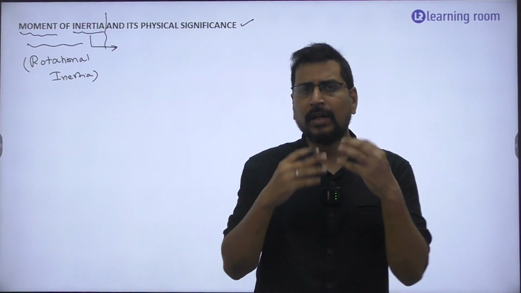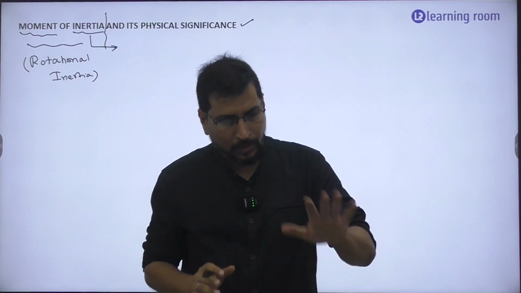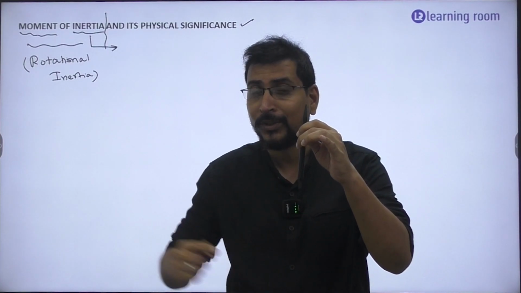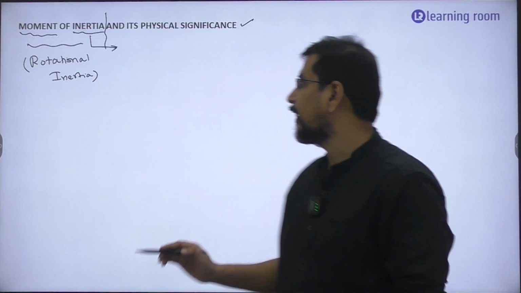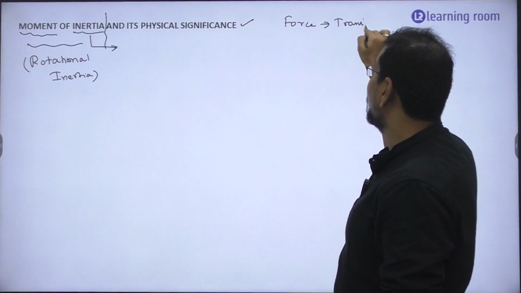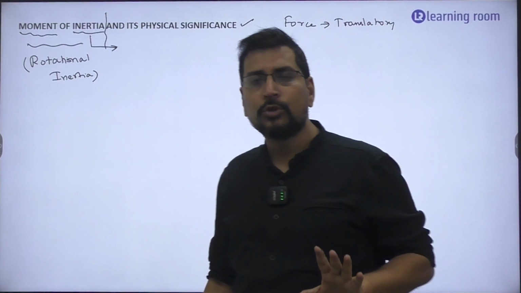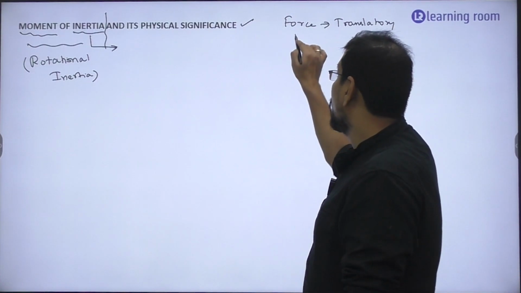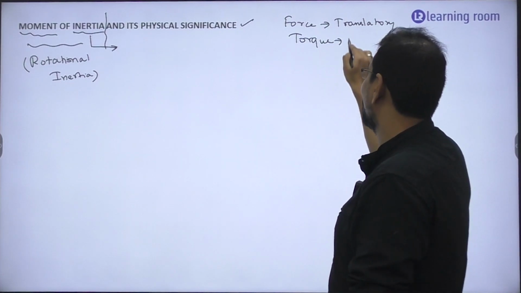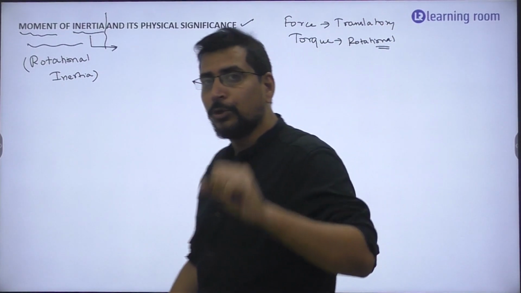Now, I need to explain what exactly this rotational inertia means. If you just use the word inertia, it is understood that the opposition is offered to the applied force, and we know that force is always responsible for translatory motion. So, force will always cause translatory motion in the object, whereas torque will always cause rotational motion.